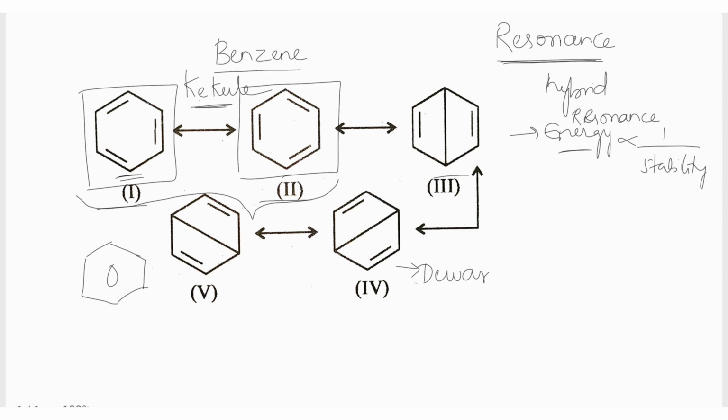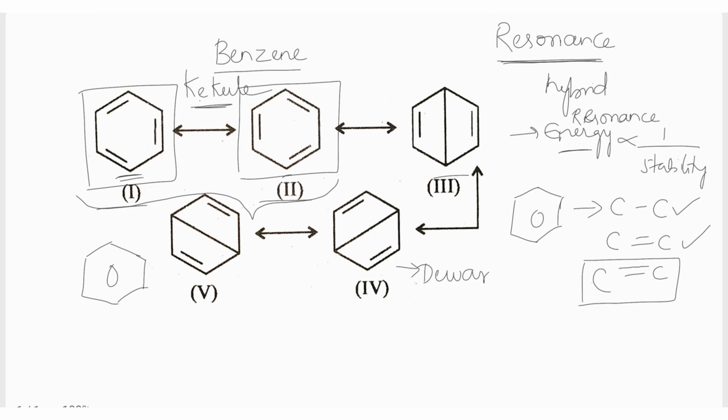Among all the structures, the resonance hybrid follows all the properties of benzene or the bond parameters. The carbon-carbon bond here is not completely single and it is not completely double. It is in between. That means all the carbon atoms experience single bond sometimes and double bond sometimes because of the delocalization of the pi electrons.